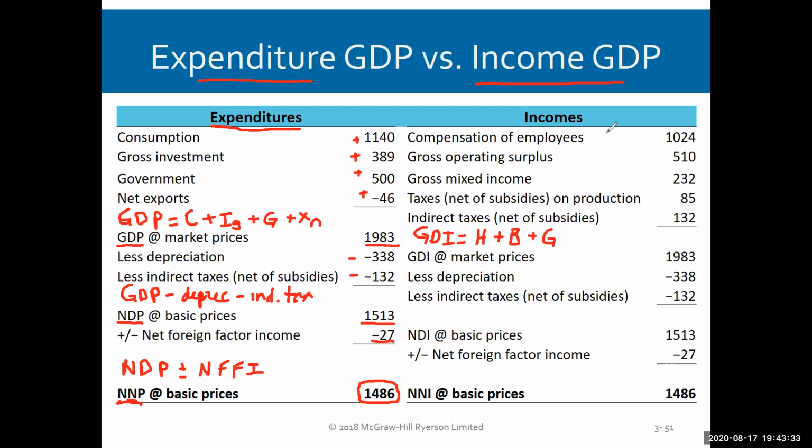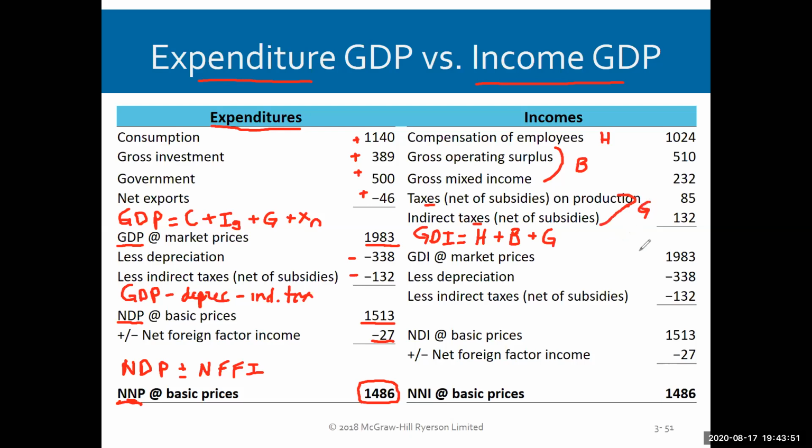And here they are. There's our household. Gross operating surplus and mixed income, that's our business. And then taxes and taxes, well, that's a dead giveaway. That's our government spending, or sorry, government income.